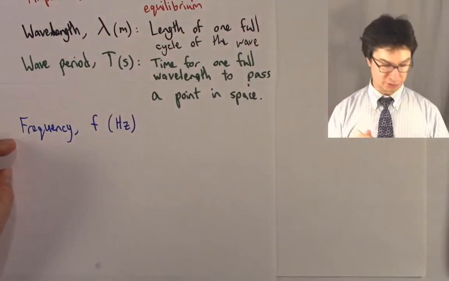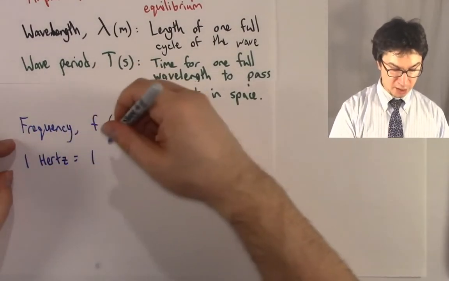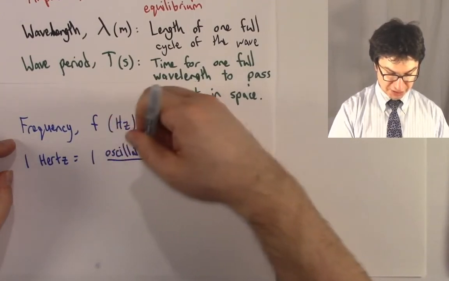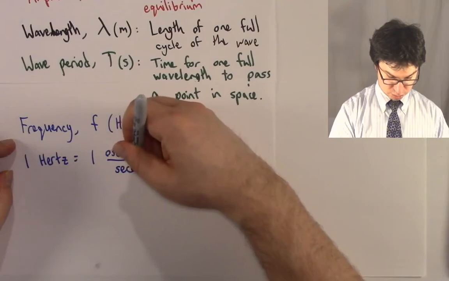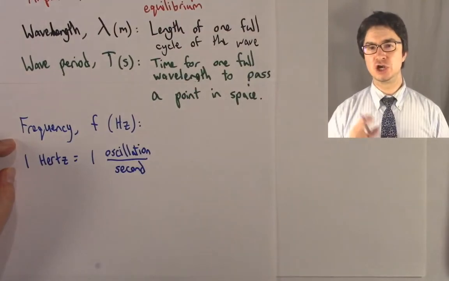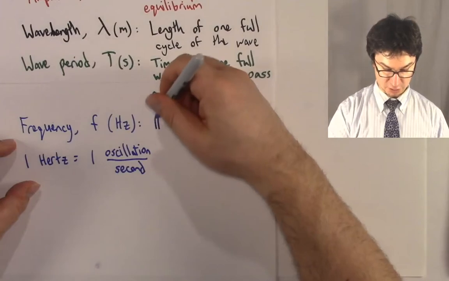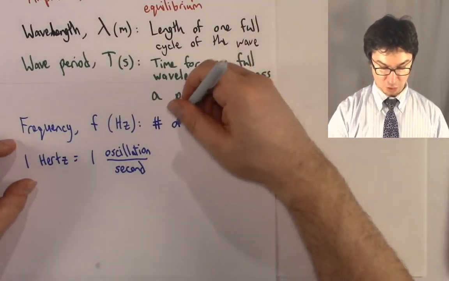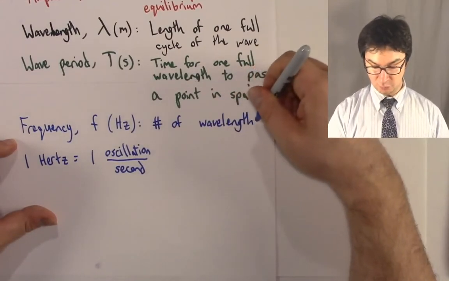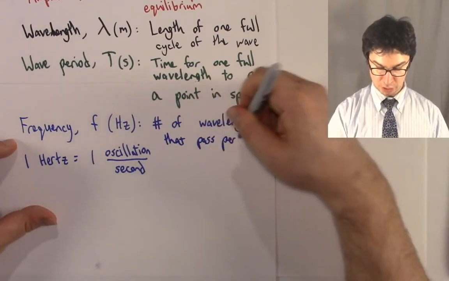And remember that 1 hertz is equal to 1 oscillation per second. And the frequency represents the number of repetitions of the wave, or the number of cycles of the wave, or the number of wavelengths, that's a full cycle of a wave, the number of wavelengths that pass per second.